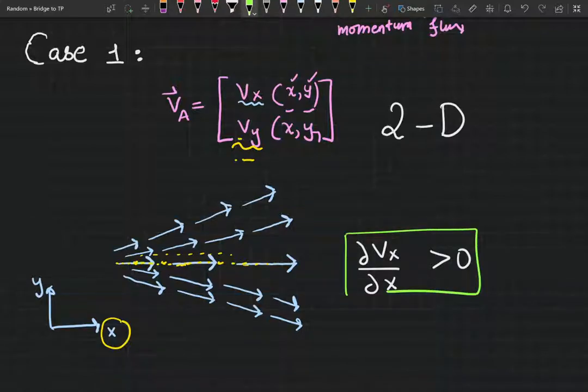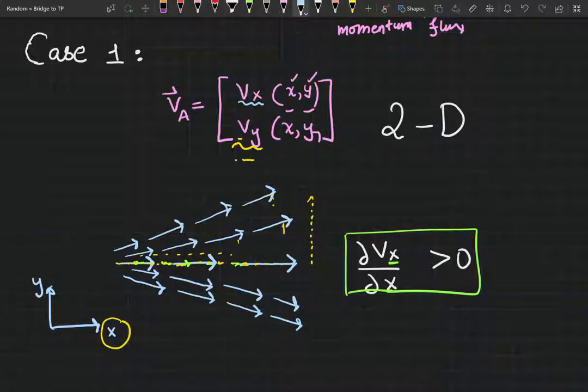As we are moving in the positive x, the length of these vectors is increasing in the horizontal field, which means that the change in horizontal velocity with respect to x is positive. Now let's see what happens as we move vertically upwards. As you can see there, the steepness of the arrows is slightly increasing.